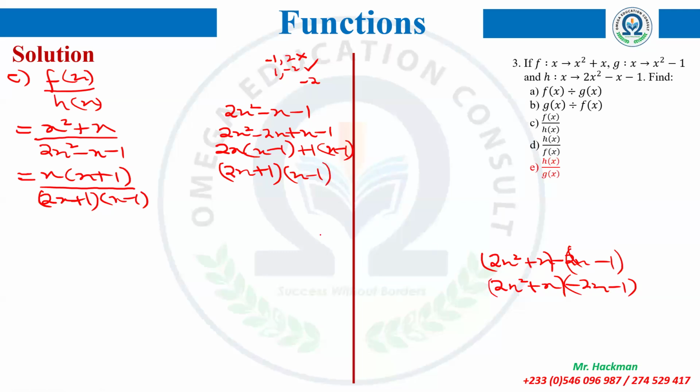So it would have been maybe x into x plus 1 over, then you come and write what you have there as 2x squared minus 2x, then plus x, minus 1. Then it's equal to, you write the numerator again. So anytime you are factorizing the denominator, you are writing the numerator as well, which will waste your time, because your concentration should be on the denominator. Meanwhile, every step on the way, you are writing the numerator, which will take your time. I don't know whether my point is well made.